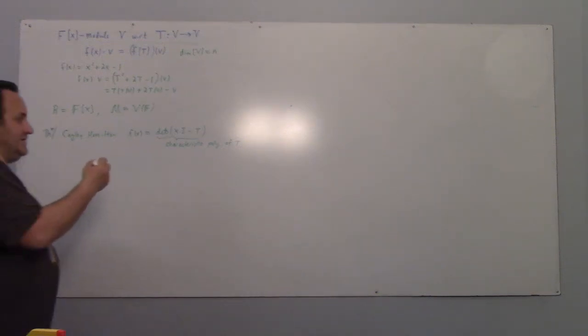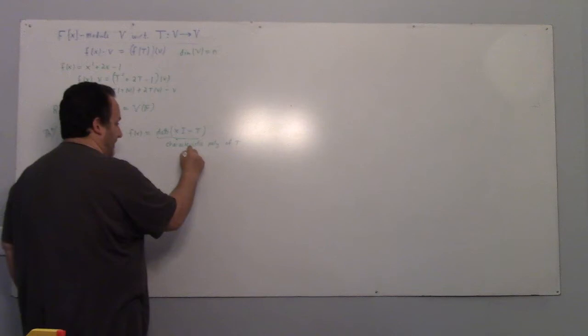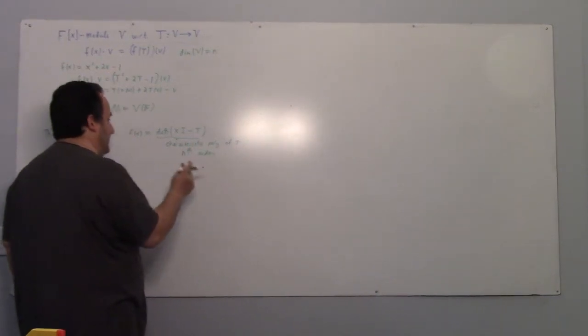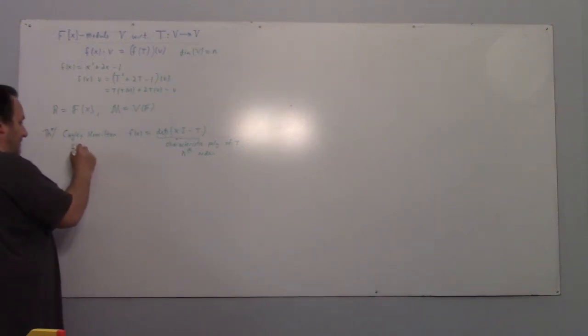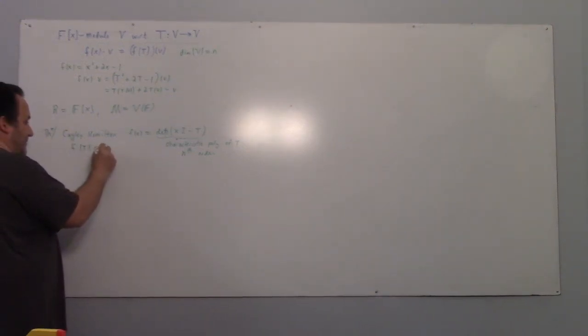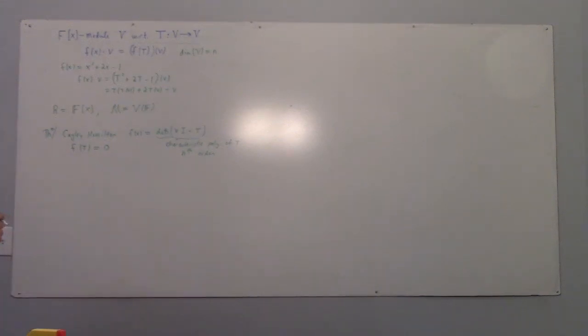So this is nth order. If your linear transformation is on a 5-dimensional vector space, your characteristic polynomial is 5th order. And the Cayley-Hamilton theorem says that f of T is 0. So if you plug the linear operator into its own characteristic polynomial, you get 0.